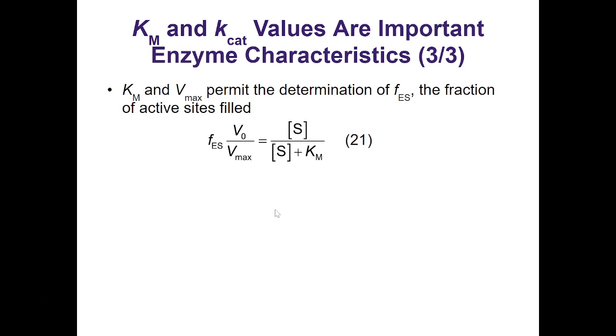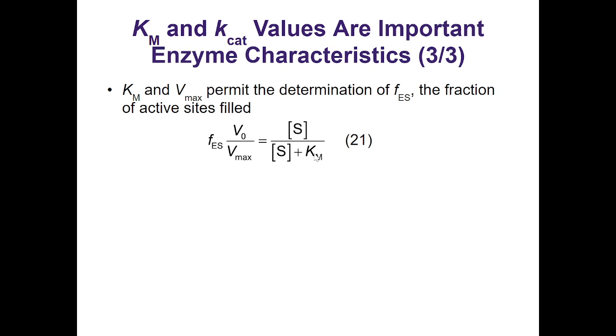So here is Km and Vmax. This is going to permit the formation of FES. This is the fraction of active sites that are filled. F meaning fraction, ES meaning enzyme substrate complex, i.e. the active site is filled, right? This is actually going to be FES equals V0 over Vmax equals substrate divided by substrate plus Km.